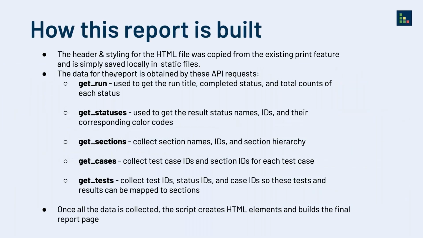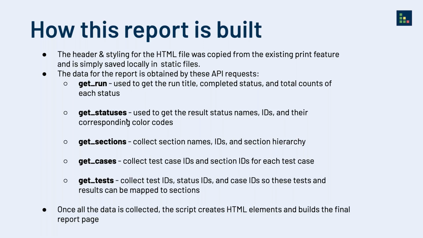So just quickly how that was built. As I mentioned, you've got the header and styling for the HTML file copied from the existing print feature in TestRail, saved locally in some static files, as I showed you. The data for the report is obtained by doing a get run call used to get the run title, completed statuses and total counts of each status.